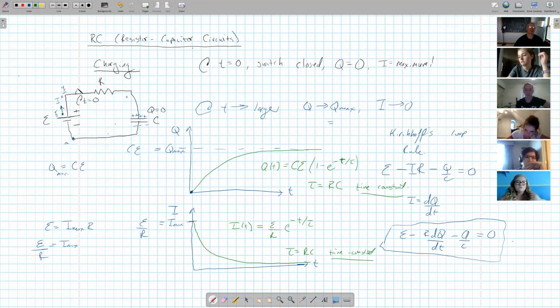So when we are charging the capacitor, what happens initially at time equal to 0 is we close the switch, we have 0 charge on the capacitor, and we have maximum current running through the resistor.